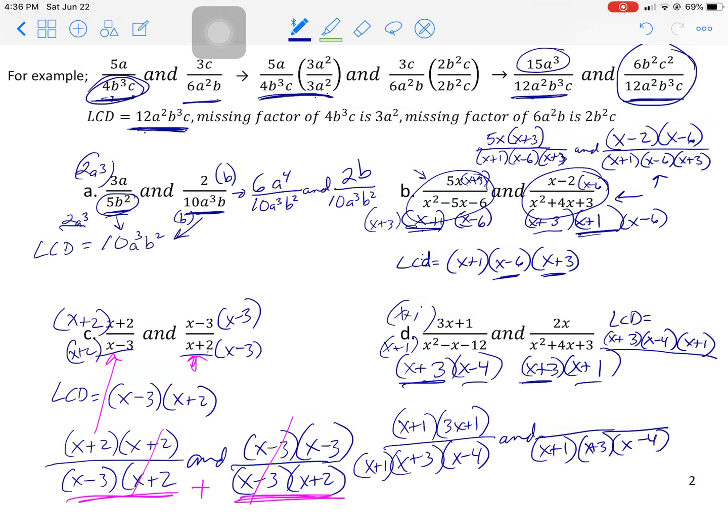Remember, the order is unimportant, although obviously you should keep it the same, as long as it's got everything it needs in there. All right, so this one's missing the x minus 4. So this means to multiply by x minus 4. So 2x, x minus 4. Okay?